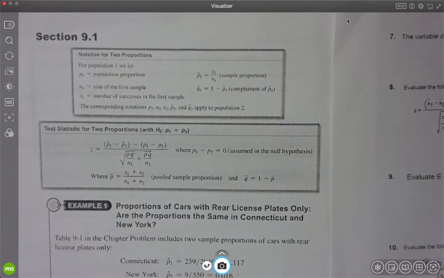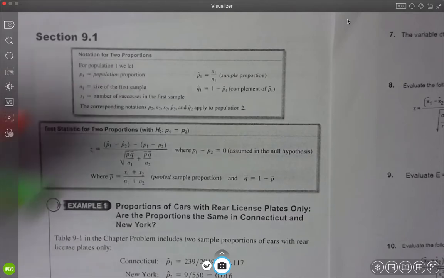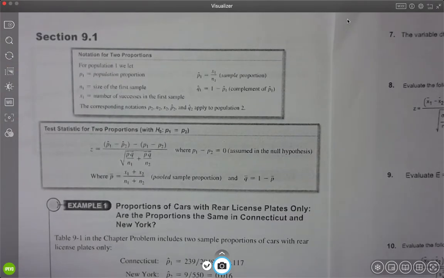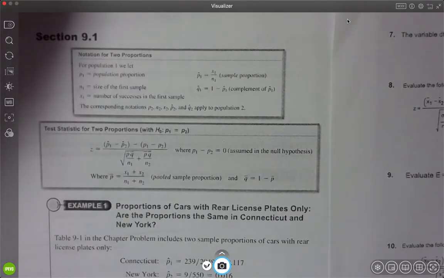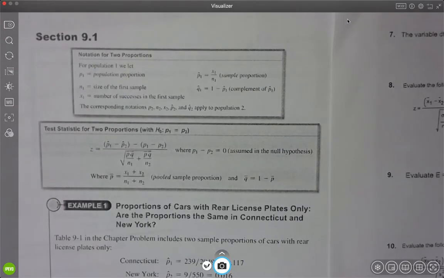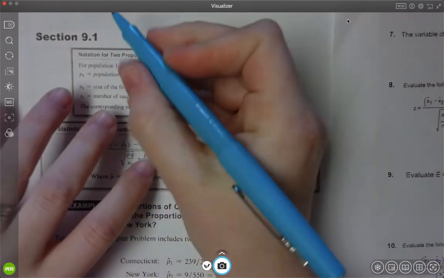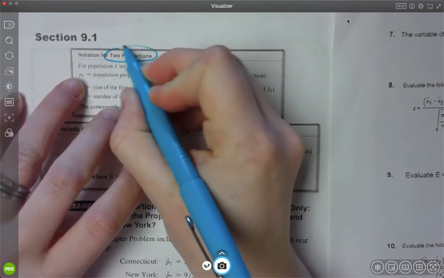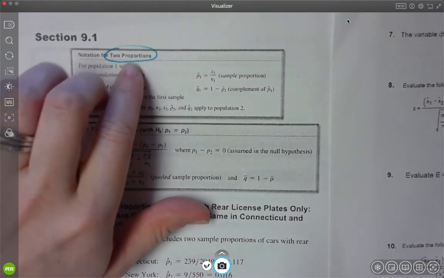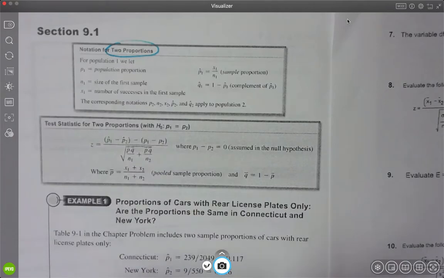But section 9.1, I'm going to split this up into a couple different videos. Chapter 9 is testing two proportions. Basically it's exactly the same thing as what we did in the last chapter, but now we're testing two proportions against each other.